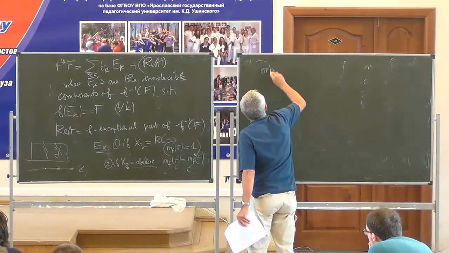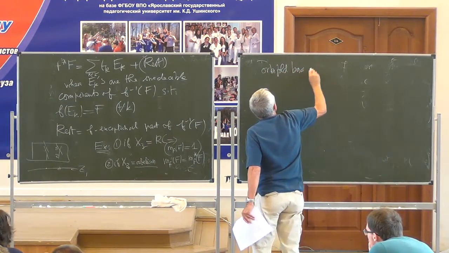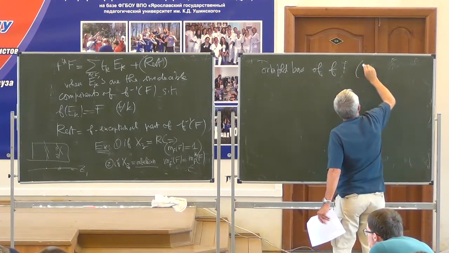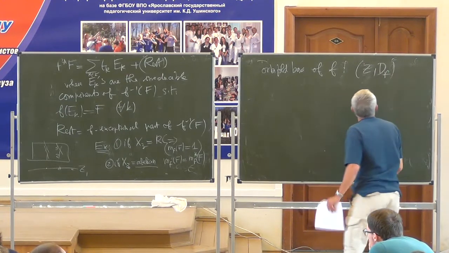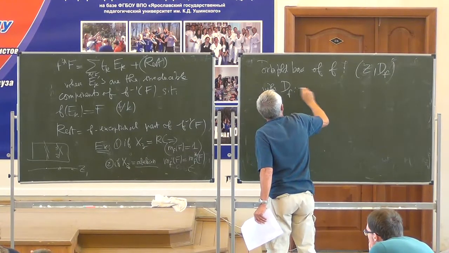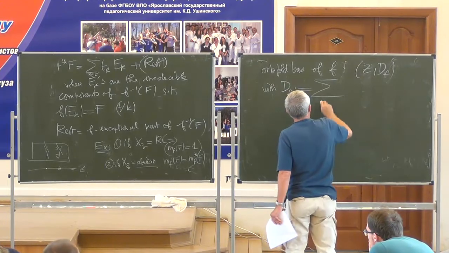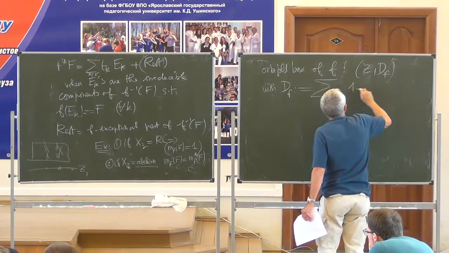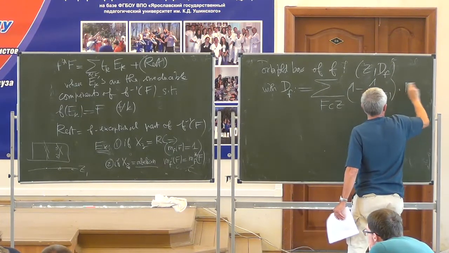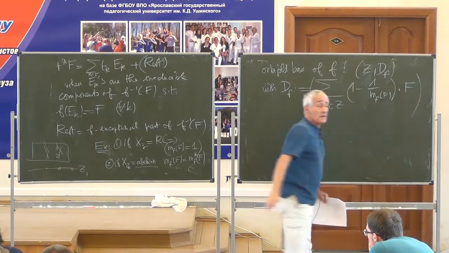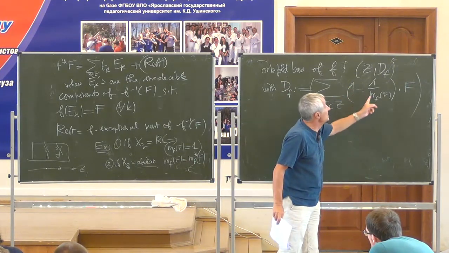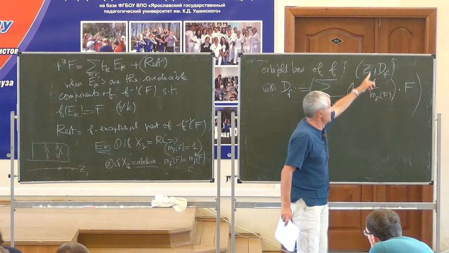Now the orbifold base of f is just the pair Z, and let me call it (Z, D_f), with D_f, by definition, the sum over all F inside of Z of (1 minus 1 over m_f(F)) times F. And so this is a divisor on Z. This is a Q-divisor on Z. Actually, this is an integral orbifold pair in this situation.